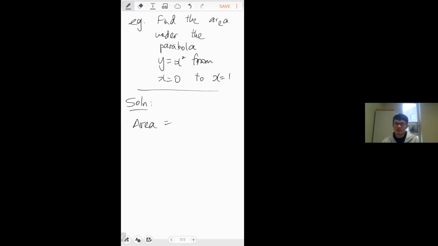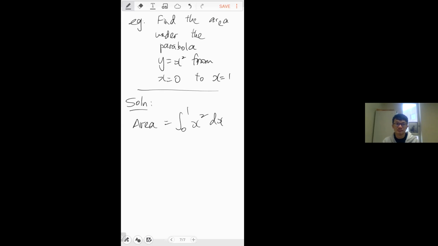So what are we doing in this section? We're doing integrals, right? And if I ask you what is the area of a function from a point to another point, by definition, this is just the integral of x squared from 0 to 1.